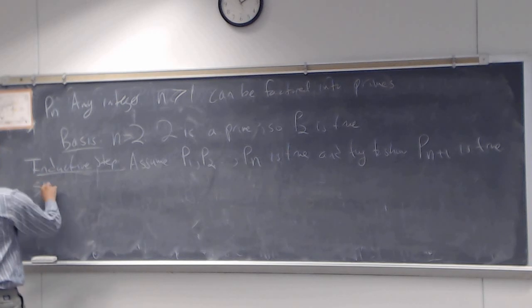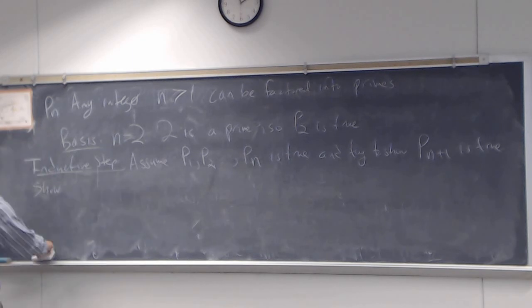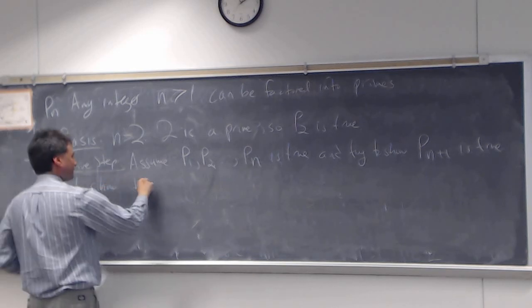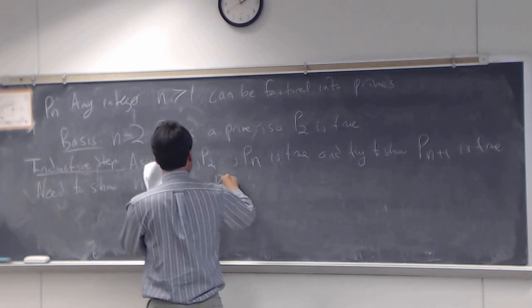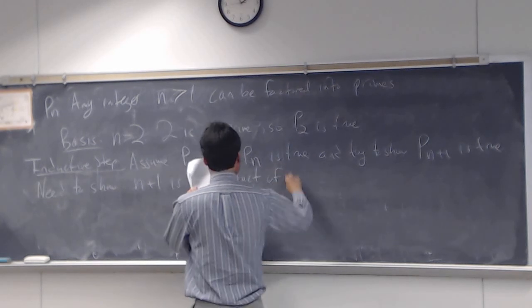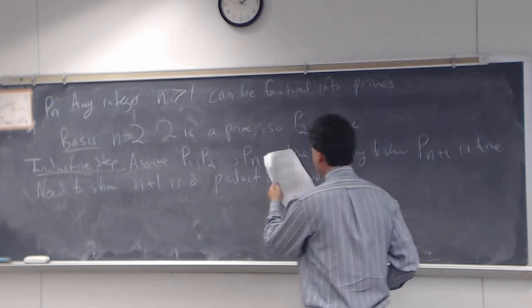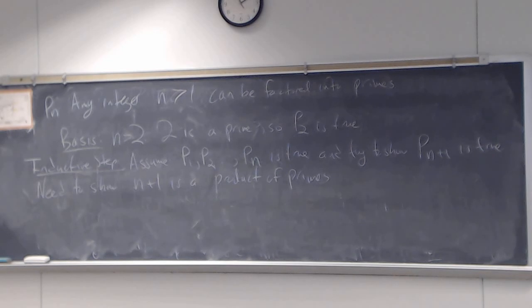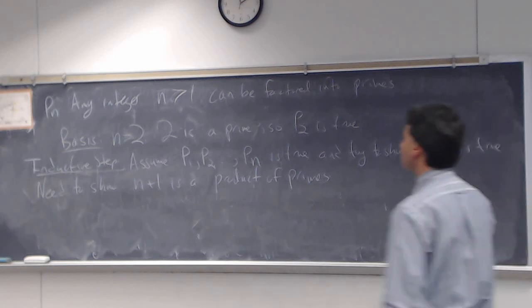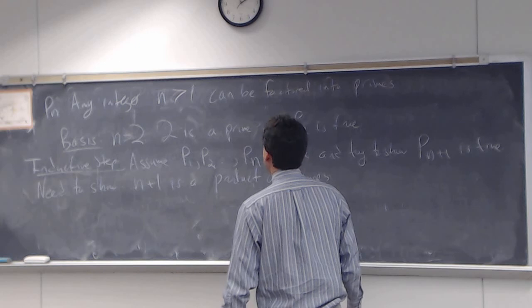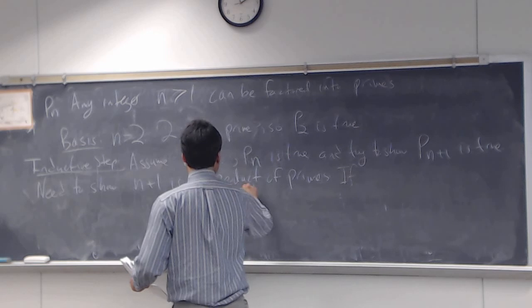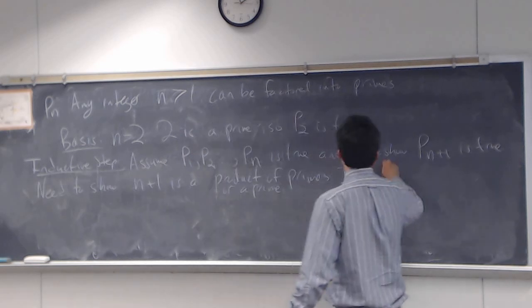Pn is just that n plus 1 is a product of primes, or a prime. If n plus 1 is a prime, we are done.